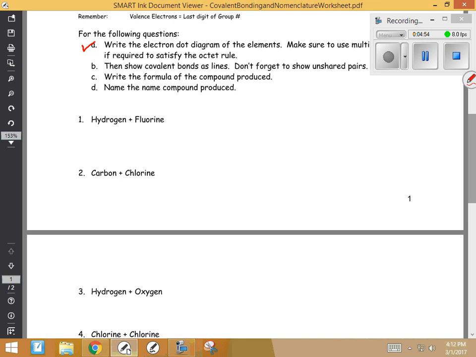For instance, in H2O, you'll need to make sure you have 2 hydrogens to bond with oxygen. Then show the covalent bonds as lines. Don't forget, show unshared pairs. The bonds are lines. Write the formula of the compound produced, and then name the compound produced. Let's do the first one together.